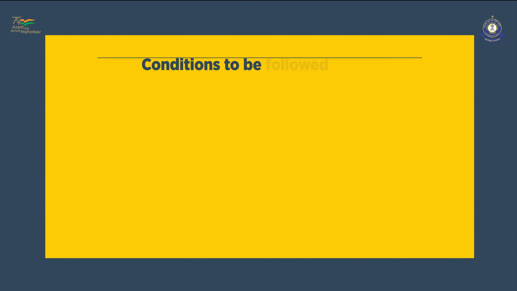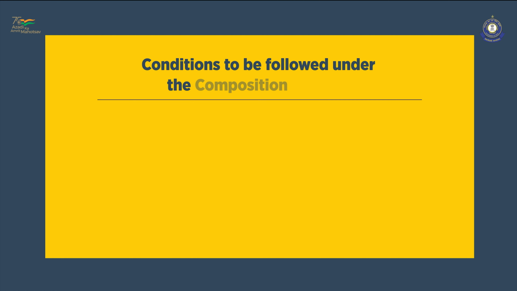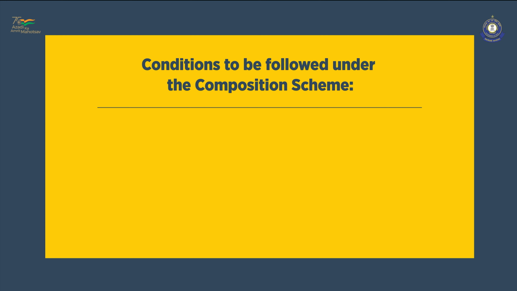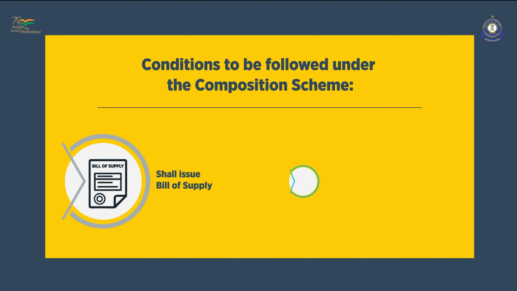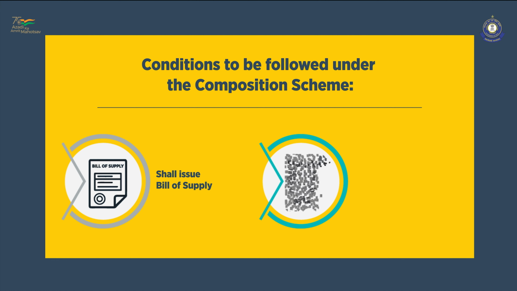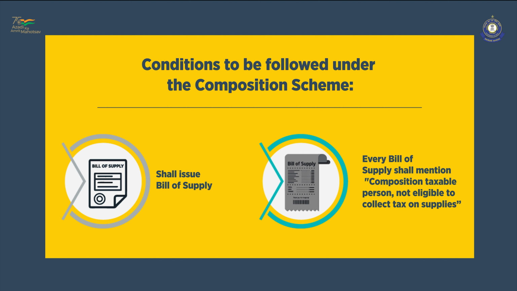There are certain conditions which have to be adhered to by a person opting for the composition scheme. A taxable person opting for the scheme has to issue a bill of supply as he is not eligible to issue taxable invoice under GST. He has to mention the words "composition taxable person, not eligible to collect tax on supplies" at the top of every bill of supply issued by him.